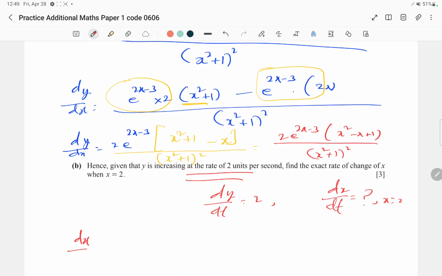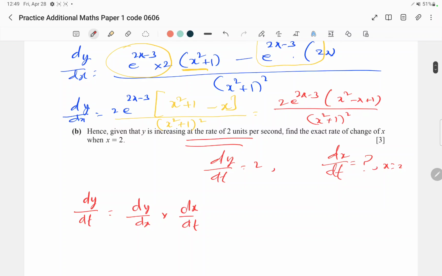For getting dx over dt, we need dy over dx, right? So here I'm going to write dy over dt equals dy over dx times dx over dt, right? Now dy over dt is already given to us, that's 2.